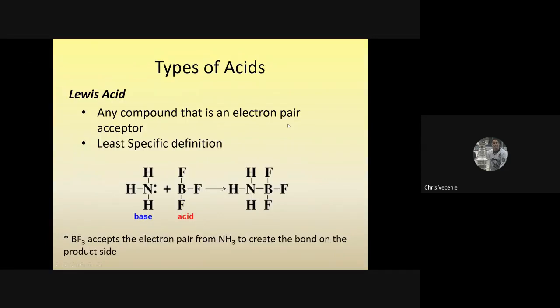And then last we said Lewis acid is the least specific, and it is simply an electron pair acceptor, right? So anything that produces H3O+, if it's Arrhenius, is automatically a Bronsted and a Lewis.